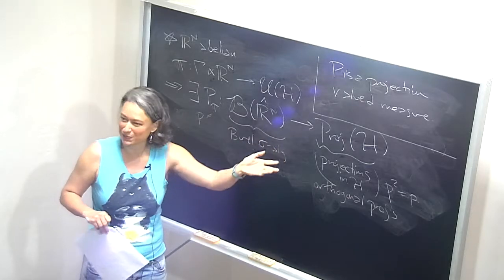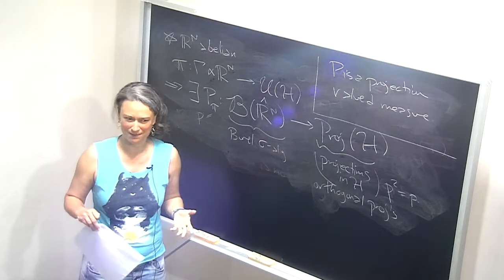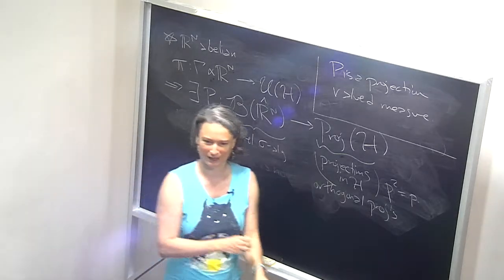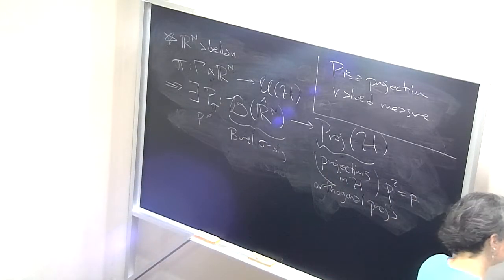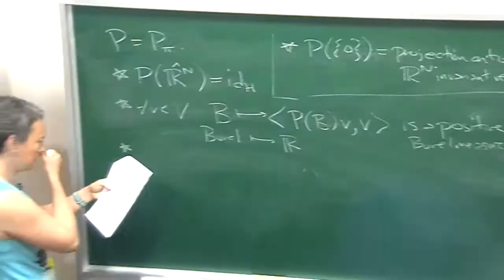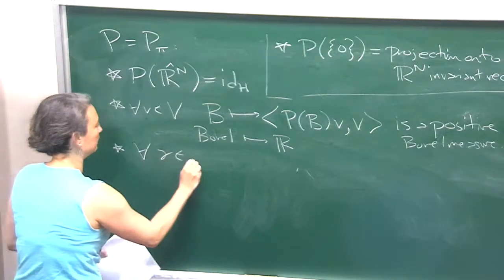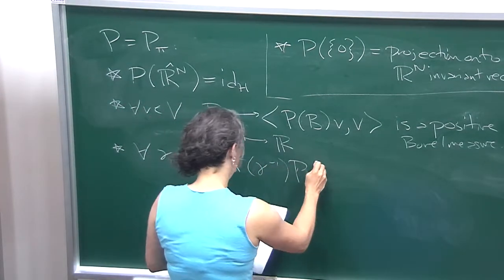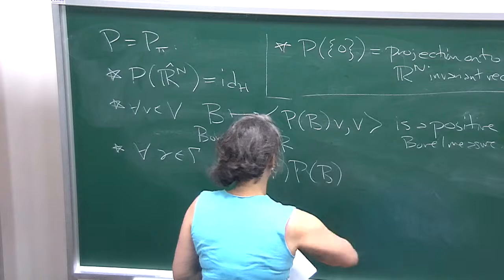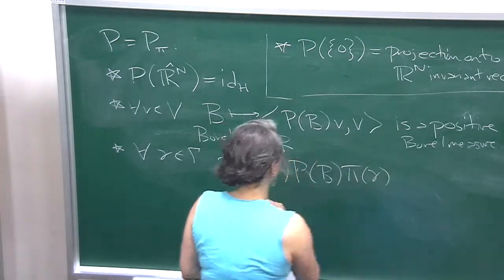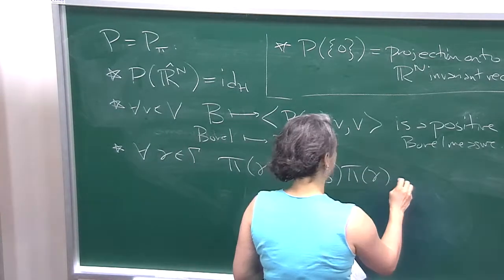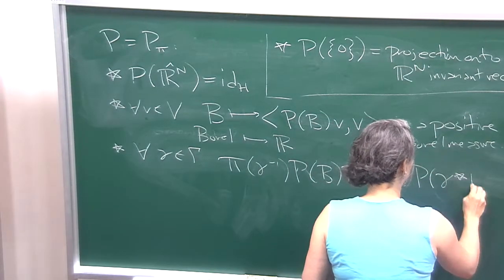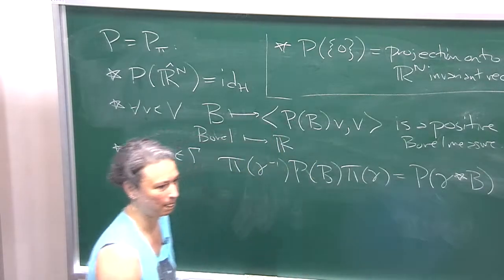And those projections behave like a measure. It's a little weird, but it's okay, right? So the last property is that for every gamma, pi of gamma inverse P of B pi of gamma. So if I conjugate by gamma, this is P of gamma star B.